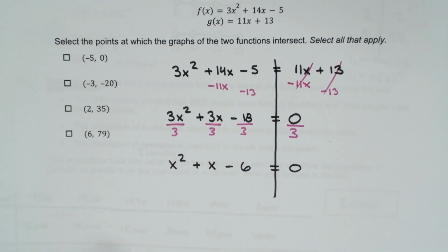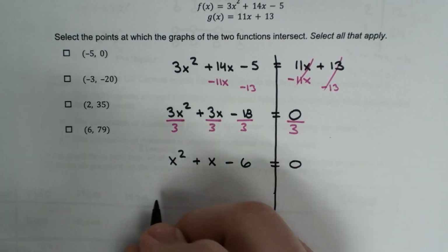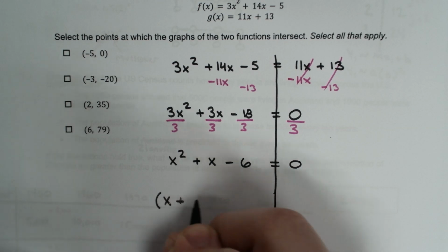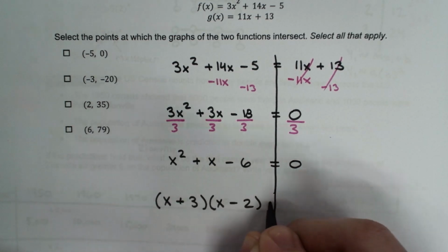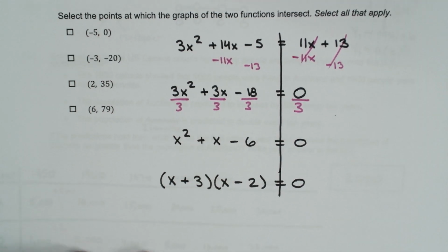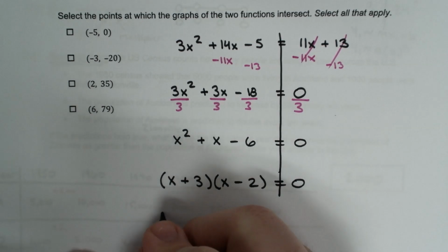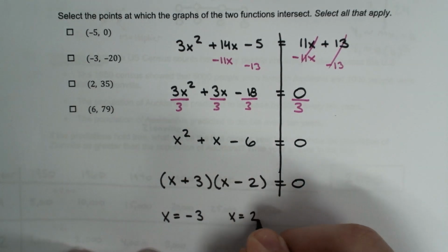We can just factor. So we're looking for numbers that multiply to negative 6 and add to positive 1. That would be x plus 3 times x minus 2. From that, your two solutions would be x equals negative 3 and x equals positive 2.